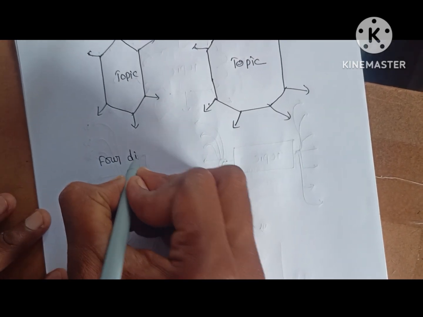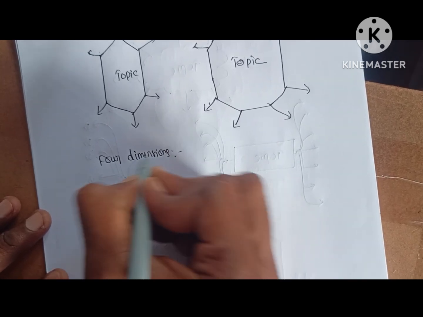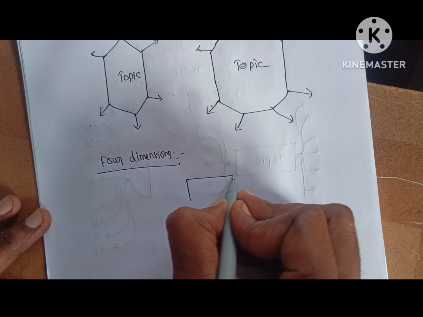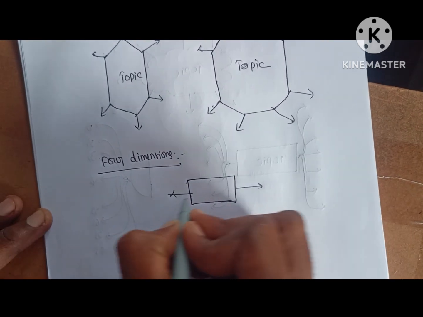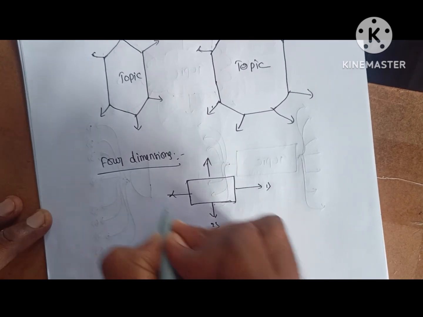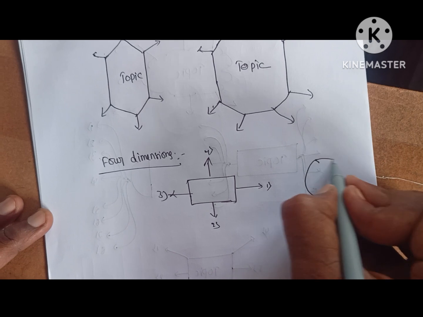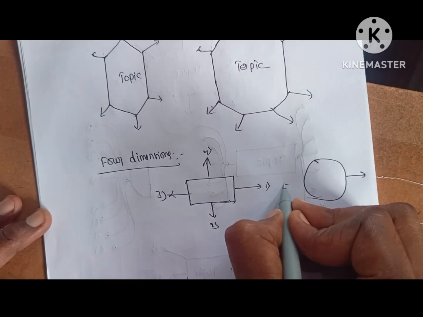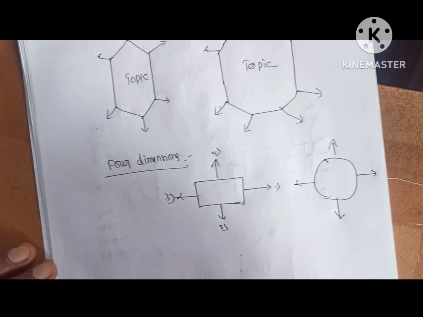And next, if you are presenting only four dimensions, then you can simply draw a rectangle or square with 1, 2, 3, 4 dimensions. You can also draw this one, a four-dimension circle topic.